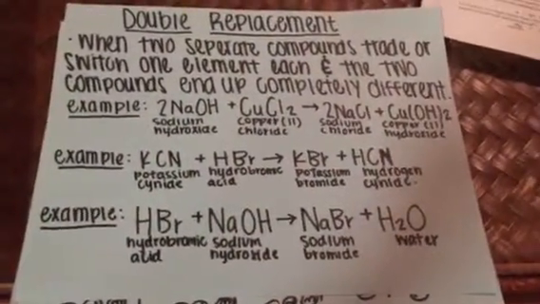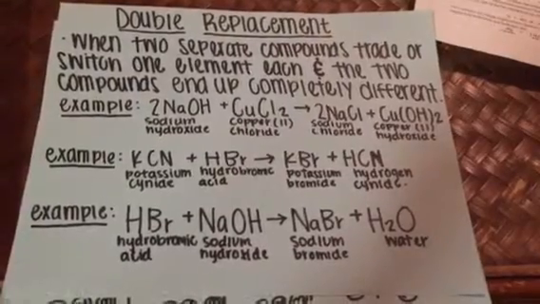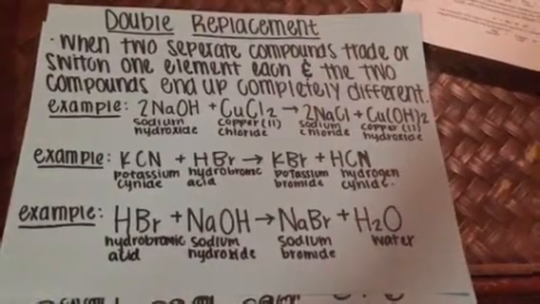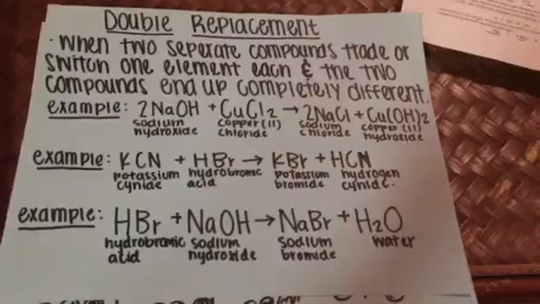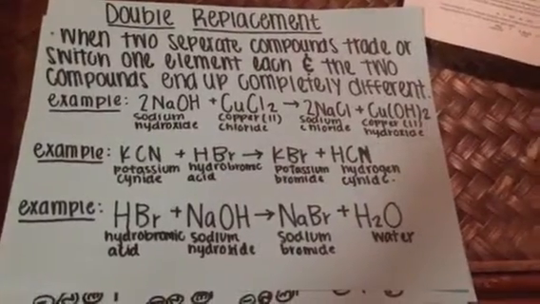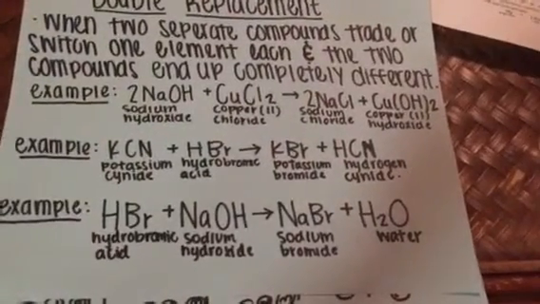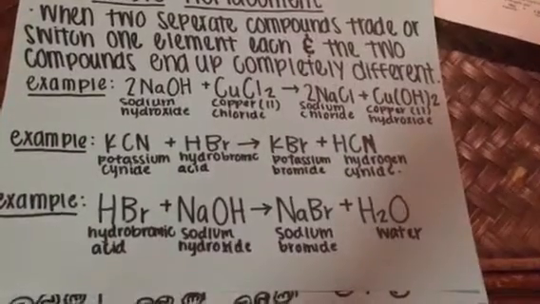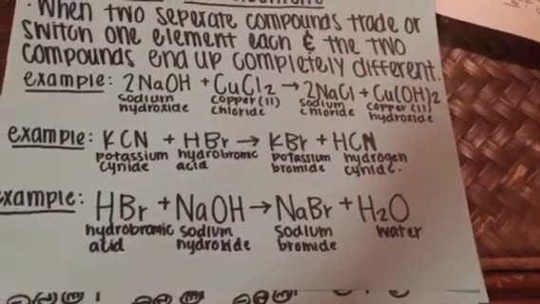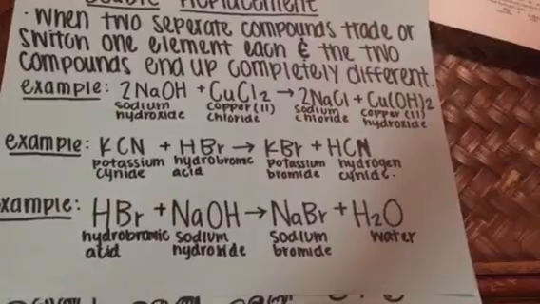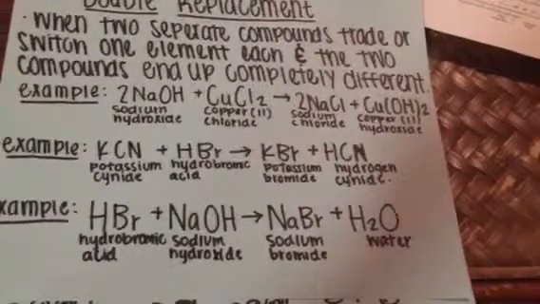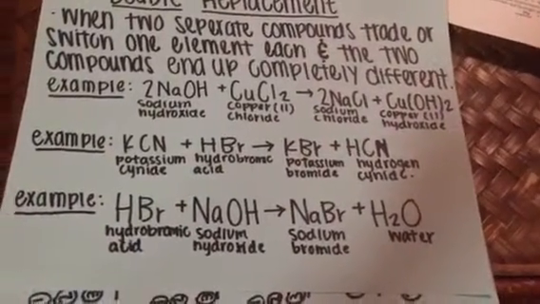Double replacement: when two separate compounds trade or switch one element each and the two compounds end up completely different. Example: sodium hydroxide and copper 2 chloride form sodium chloride and copper 2 hydroxide.